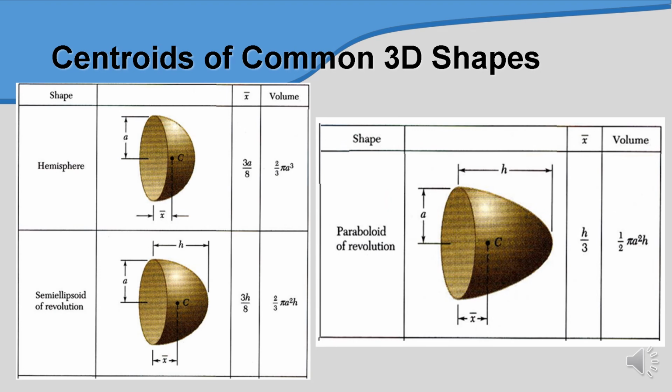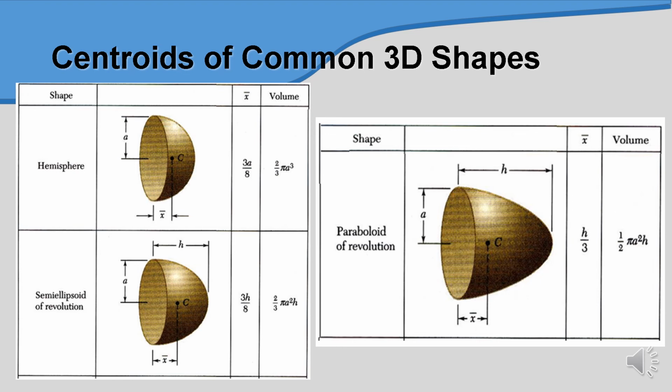Okay, this is the common shapes of 3D shapes. We have hemisphere, semi-ellipsoid of revolution, and paraboloid of revolution. But please remember that for these 3D shapes, we assume they are located on the x-axis.